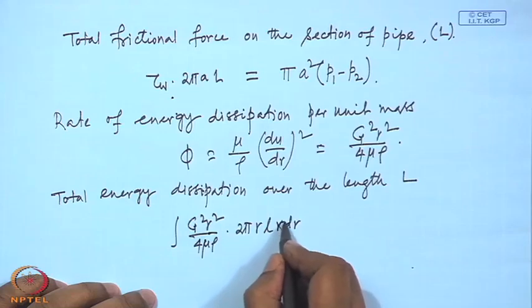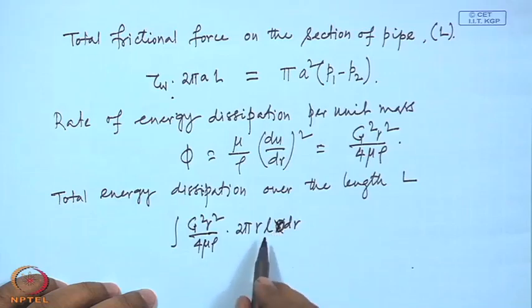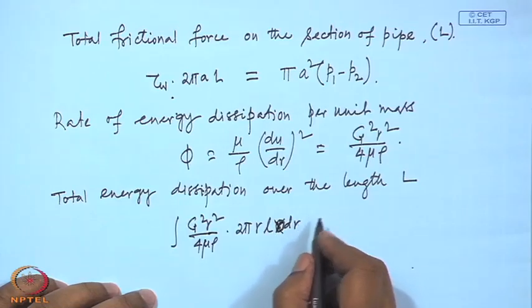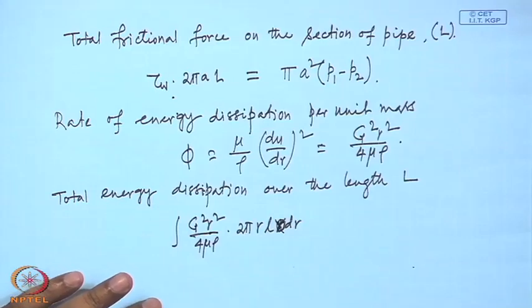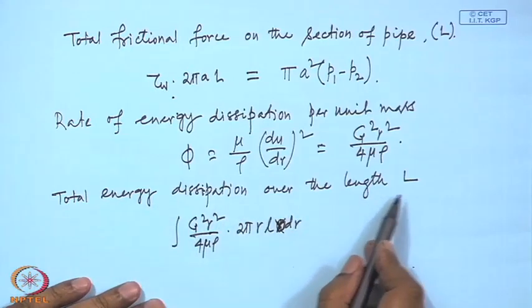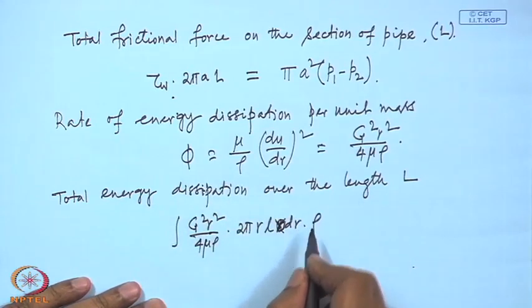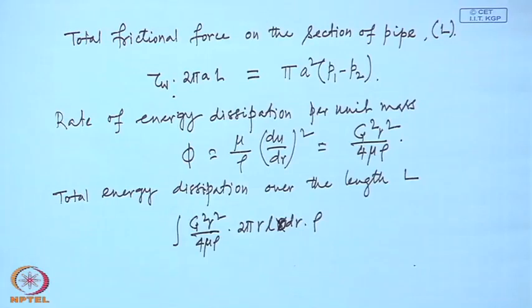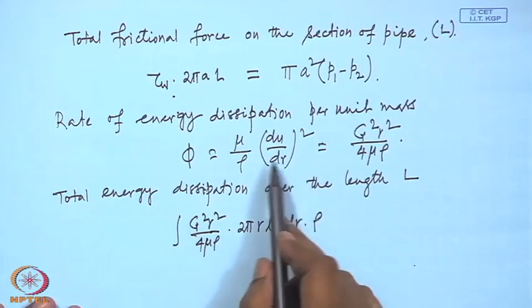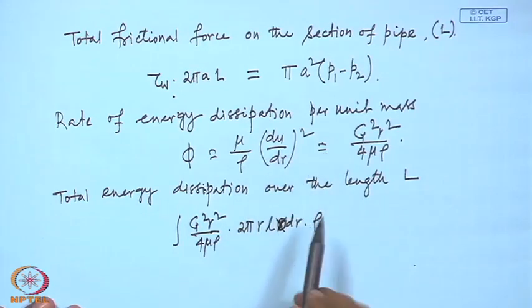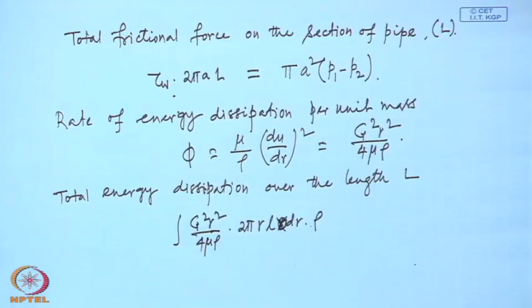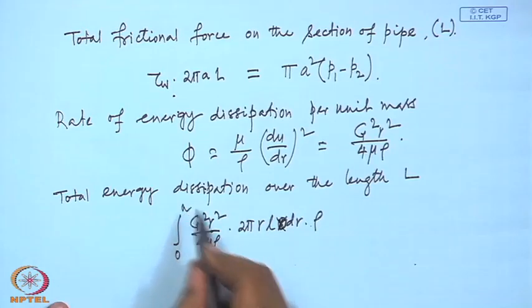Sorry, by mistake I wrote the r twice: 2 pi r L dr. Okay, dissipation over the length. So, it becomes volume, so we have to multiply by one more rho. The first term we wrote here was for unit mass, so another rho is for that to make it unit volume, and of course, integrate.